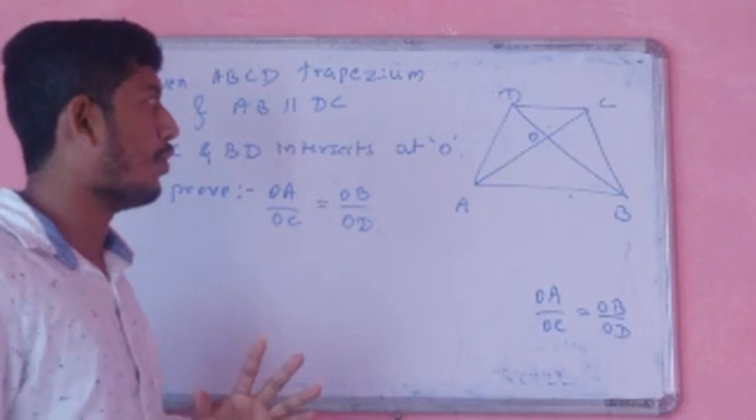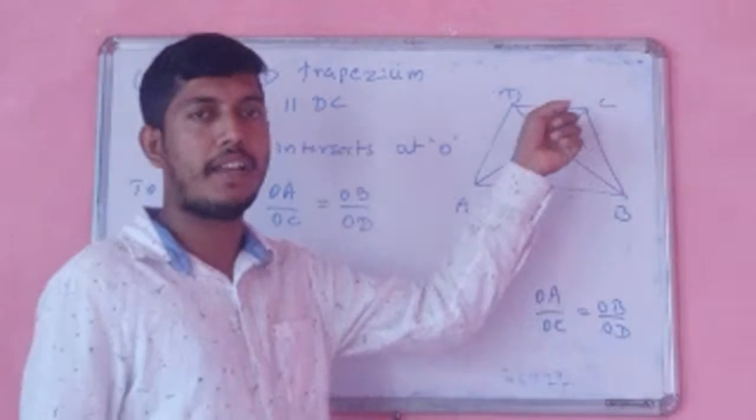For that I will consider triangle AOB and triangle COD.